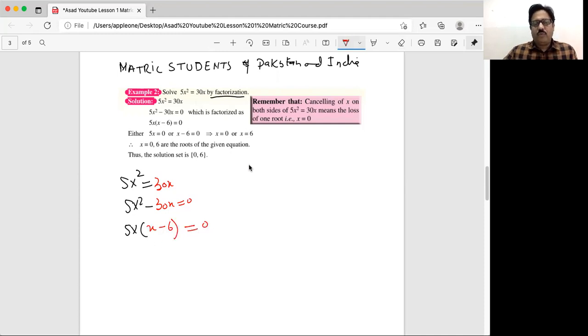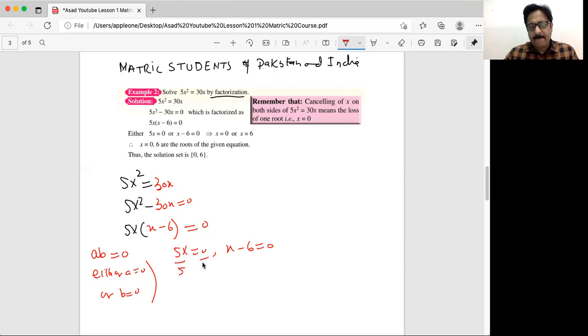Now, you know, when a times b equals 0, there are two meanings here: either a is 0 or b is 0. So we will say 5x equal to 0 or x minus 6 equal to 0. So dividing here by 5, x is equal to 0, and 6 goes there.